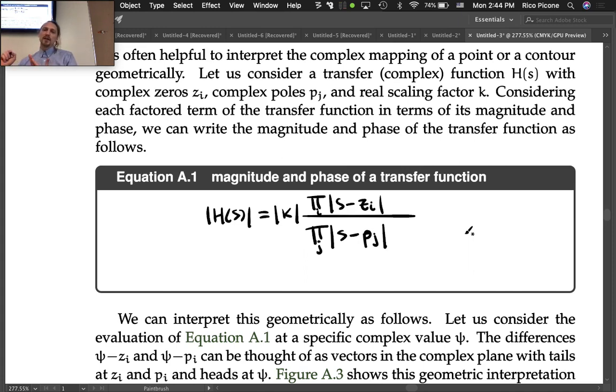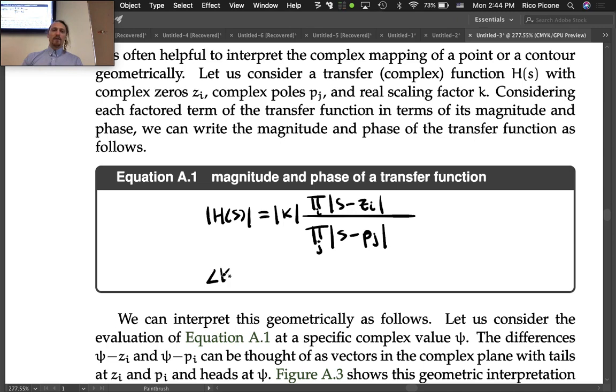So this is just like in phasor discussions when we would multiply and divide magnitudes. If you take the magnitude of each term and multiply or divide them, it works just like with phasors.